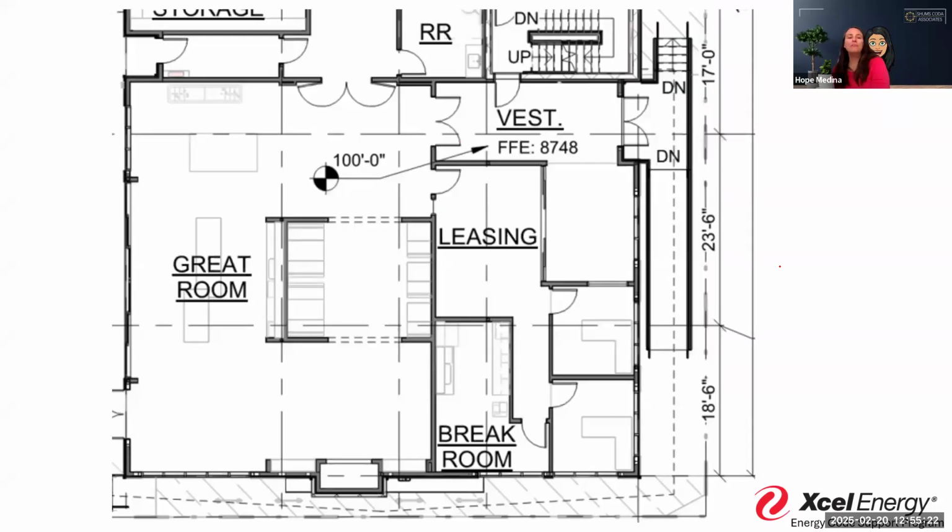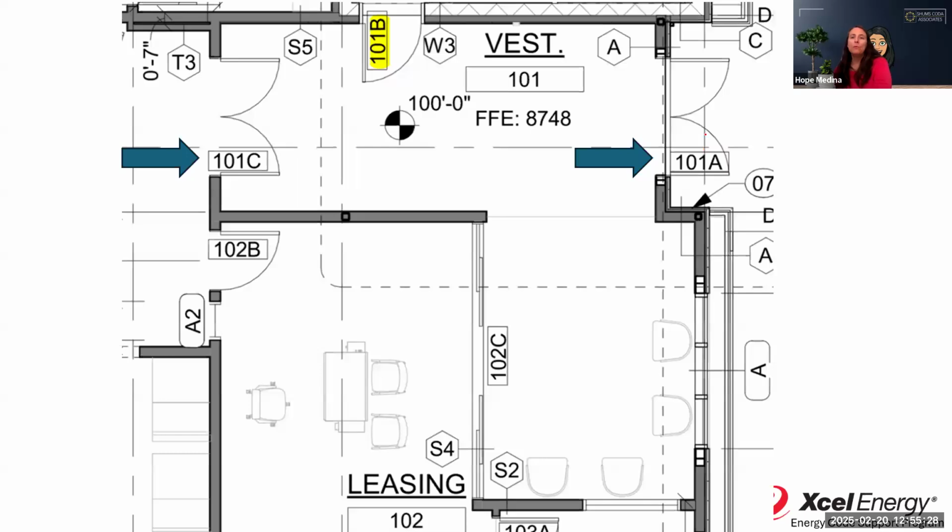So here's an example of a vestibule for this multifamily project. Now, if you notice, we've got these two doors that are here. They did have self-closing on them, but it doesn't just talk about this door and this door. This vestibule also has this door from the exit stairs that go out the door, which is common.